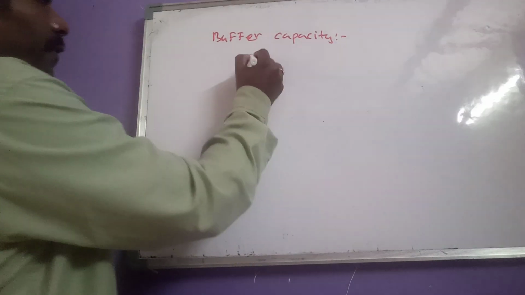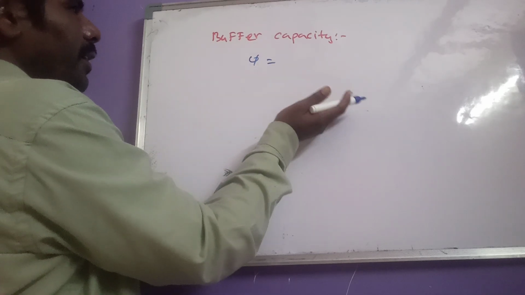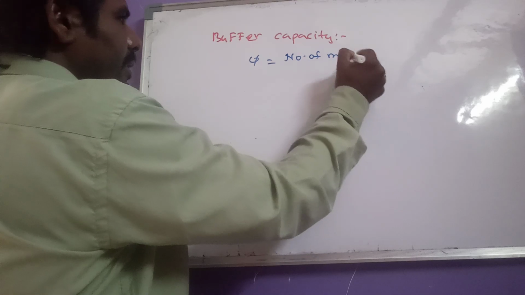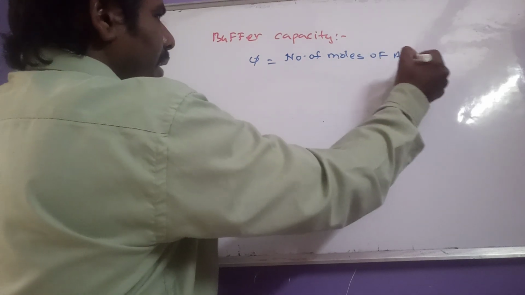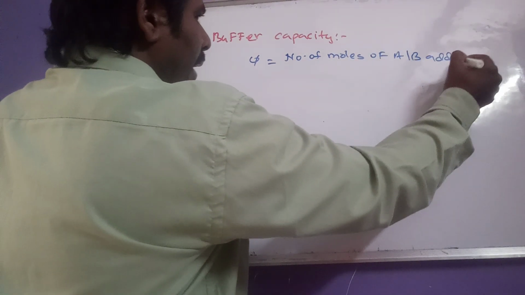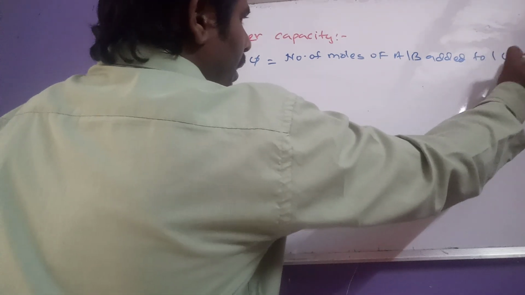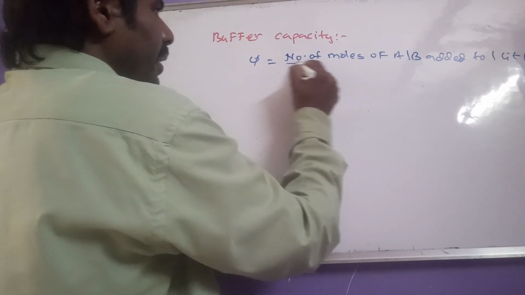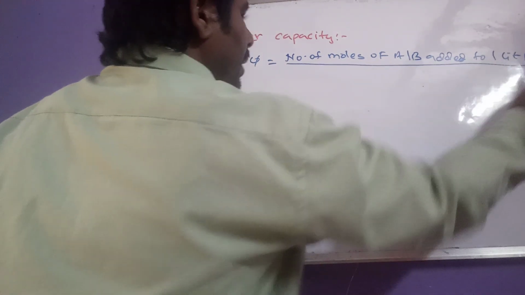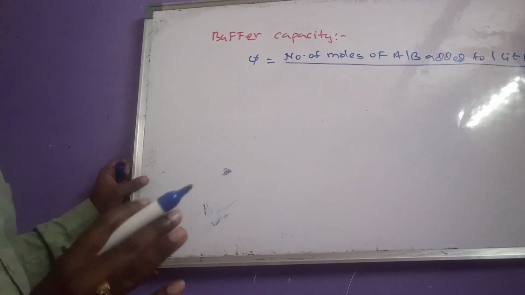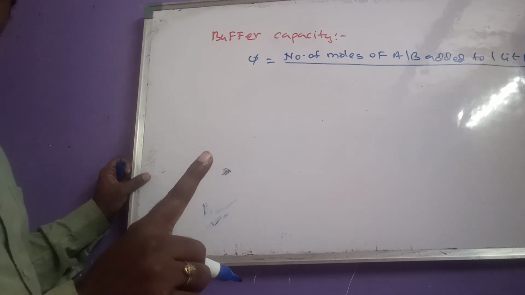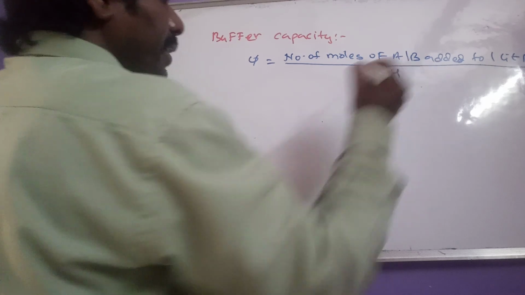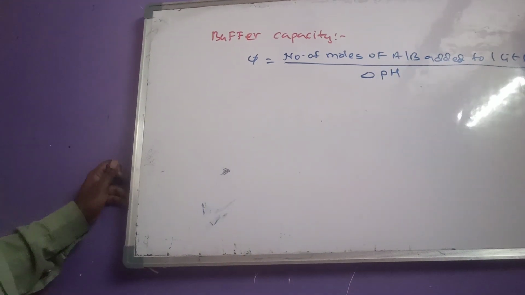Now, buffer capacity is measured with the formula: number of moles of acid or base added to 1 liter of buffer, divided by delta pH, the change in pH value. This is a mandatory condition: 1 liter is compulsory, not 10 liters or 20 liters.